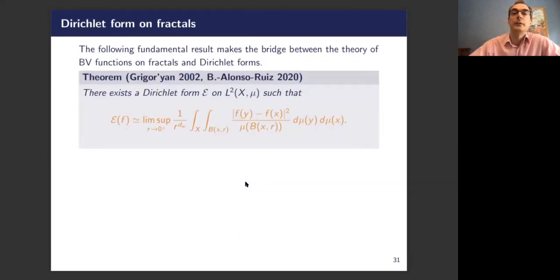So the parallel with the theory of Dirichlet forms is given by the following result that says that, as was the case in metric regular spaces, it turns out that there exists a Dirichlet form that exists infinitesimally on the fractal, and which is comparable to the L2 correlation energy, the L2 correlation energy being, in a weak meaning, the integral of the square of the norm of the gradient.